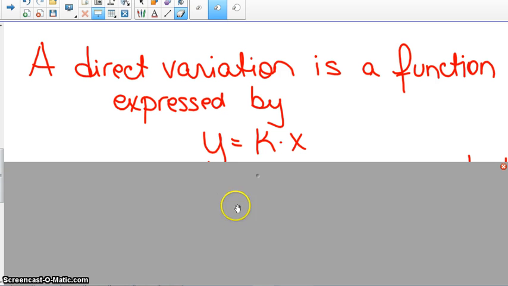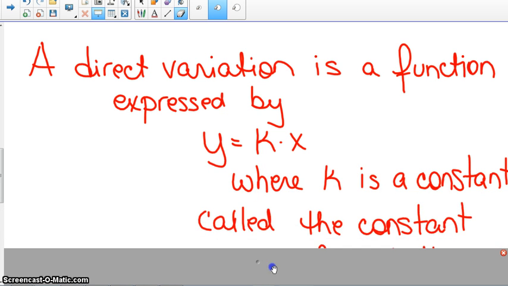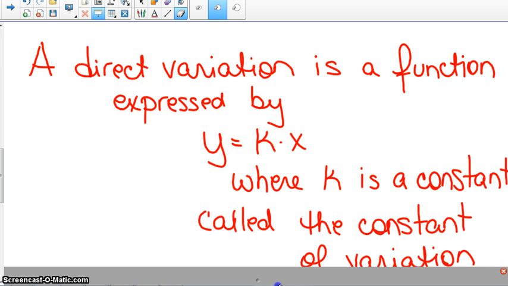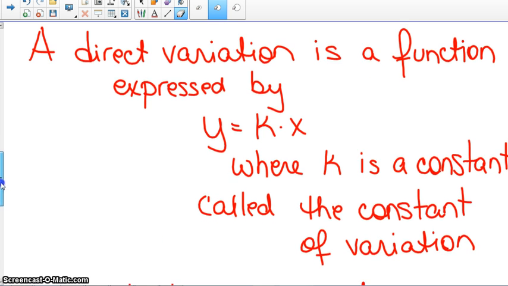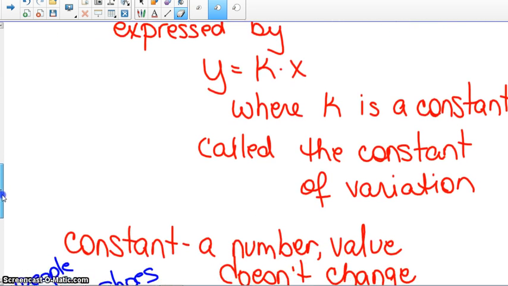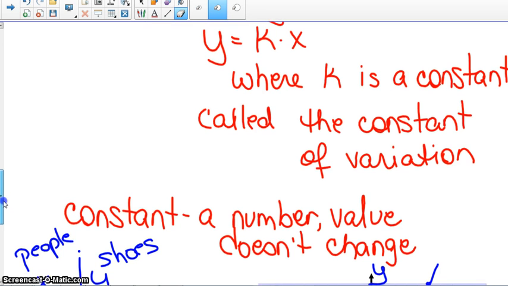Direct variation is a function expressed by y equals k times x, where k is a constant called the constant of variation. A constant is a number or value that doesn't change.